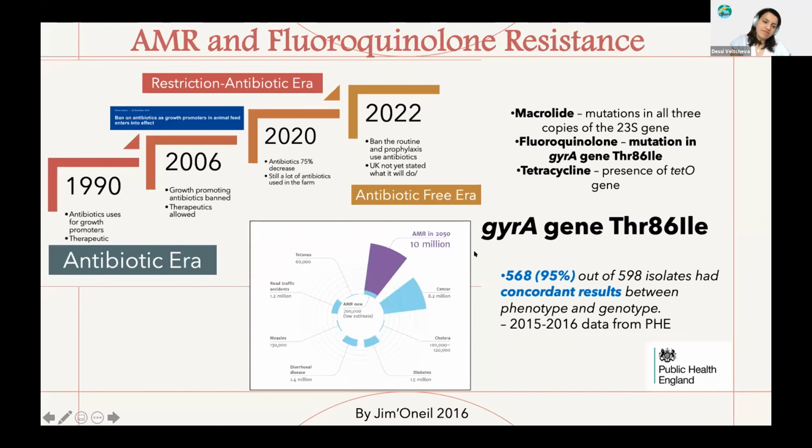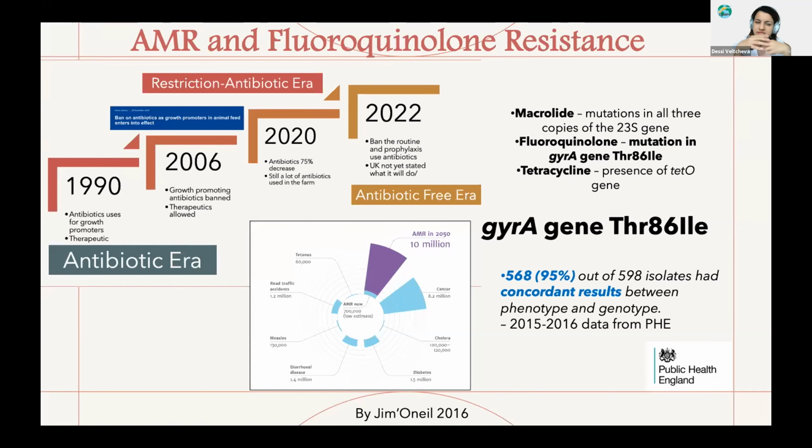Just to let everybody know, I know there's a lot of audience from outside of the UK as well. In terms of antibiotic usage in the farms, we have had two main eras, and now we're hopefully going into the third era. From the 1990s to 2006, we had no laws in terms of what antibiotics we could use.